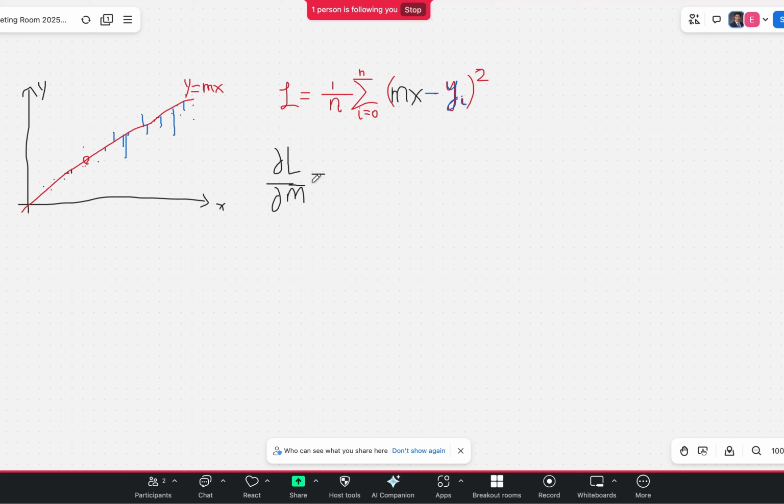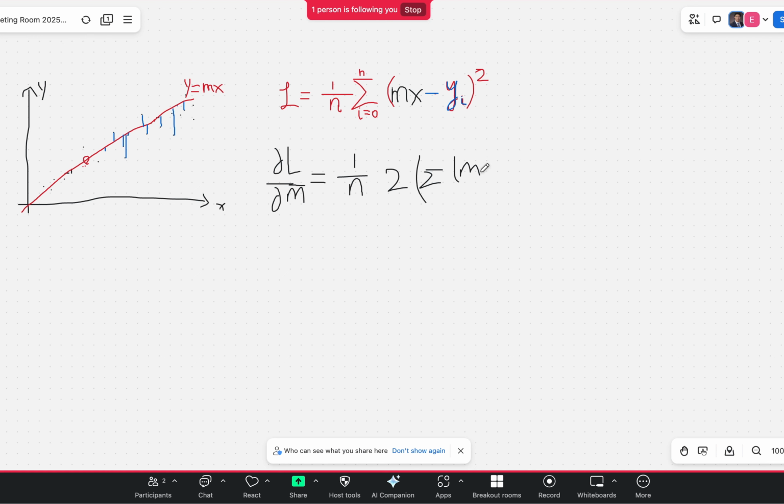So basically, how would I do this? Well, N is just a constant because n is the amount of data. I take the derivative of this whole thing. Now I get 2 times the whole mx minus something. I won't write it all out.